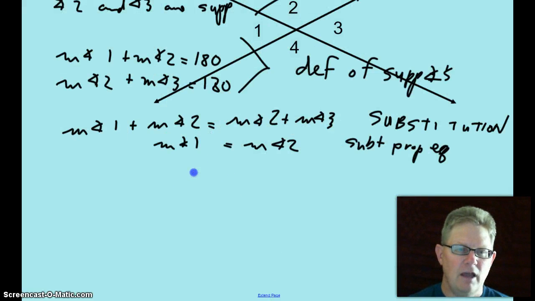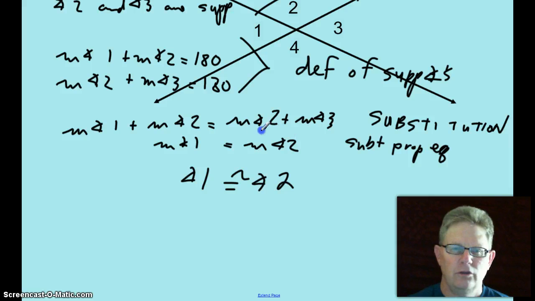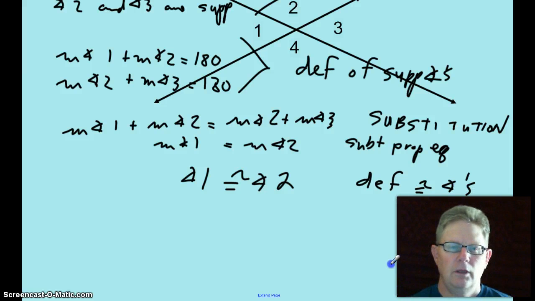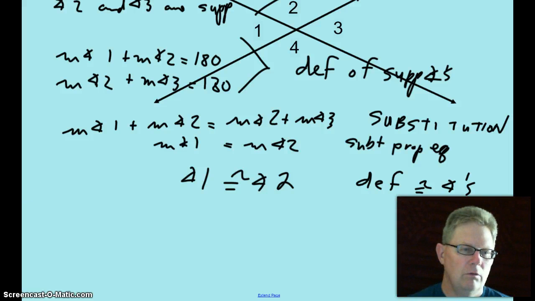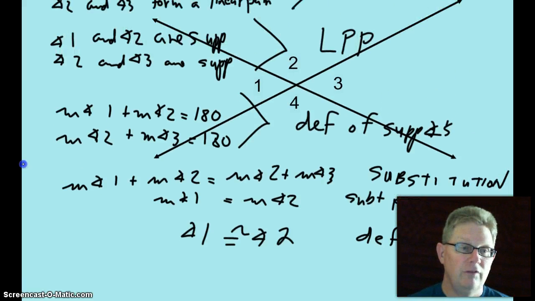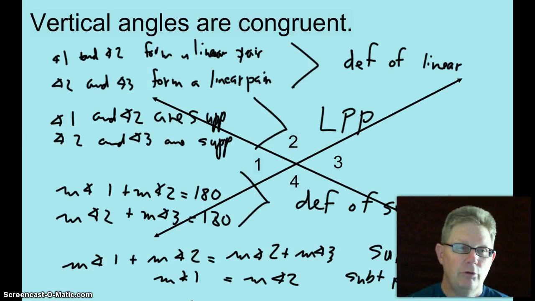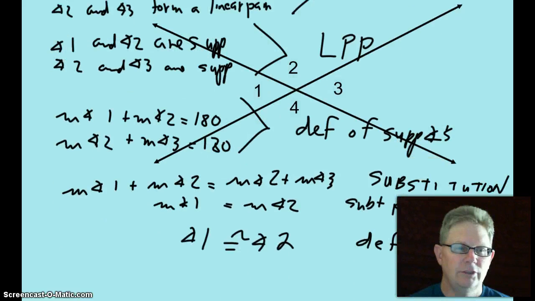And then the last line, angle 1 is congruent to angle 3 because their measures are equal. That would be definition of congruent angles. And that is how you would set up a two-column proof to prove the theorem that all vertical angles are congruent to each other.